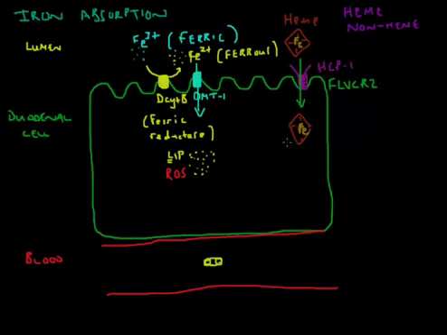And there is another enzyme here that will do exactly that, and it is called heme oxygenase. And the heme oxygenase will release this Fe2+ ion from heme, and we know what this looks like already, and this Fe2+ will join the labile iron pool.